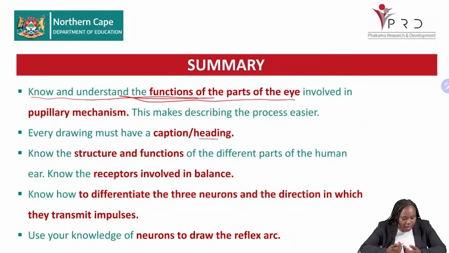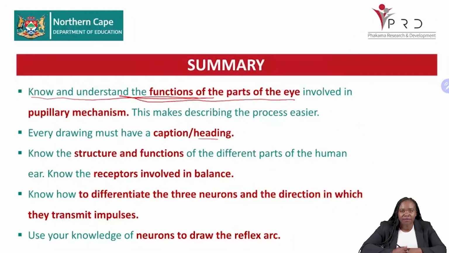Okay, I know how to differentiate the three neurons: the sensory neuron, the motor neuron, and the interneuron. Because if you were now drawing the reflex arc and you don't know the difference between these three, or which direction each neuron transmits impulses in, then you will not be able to draw that.